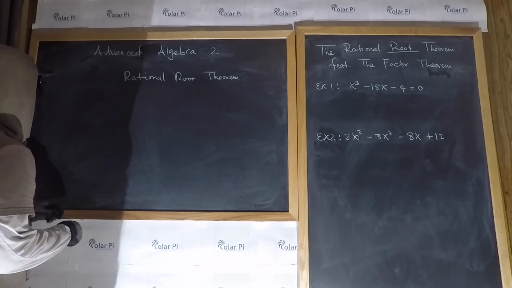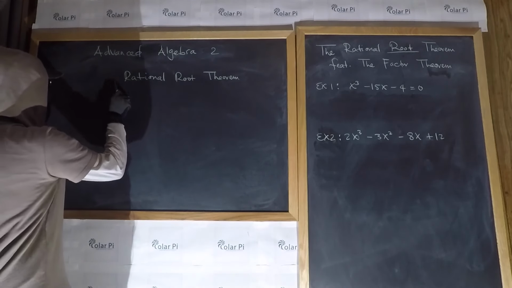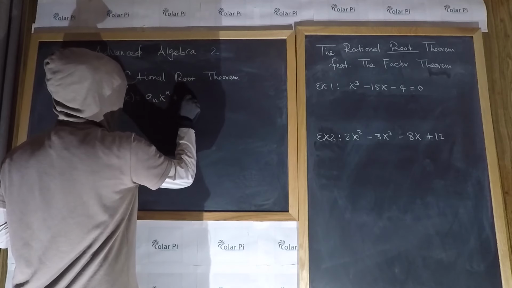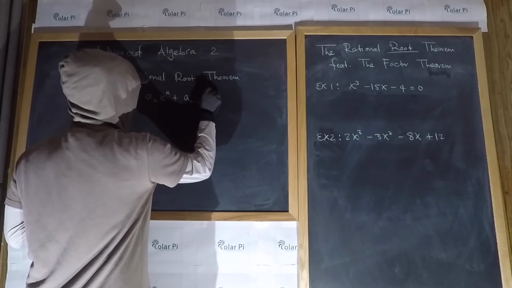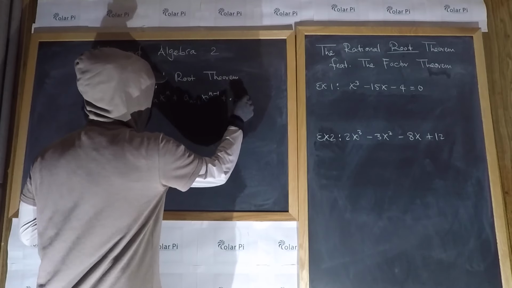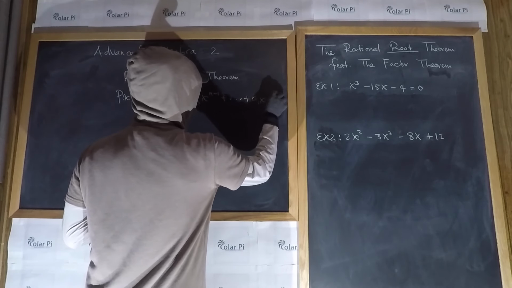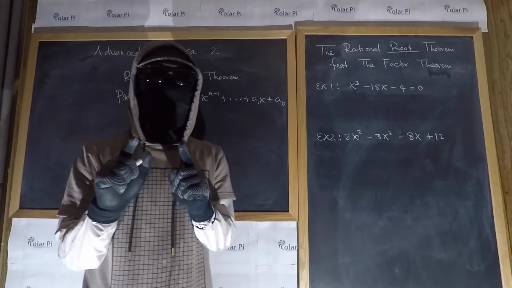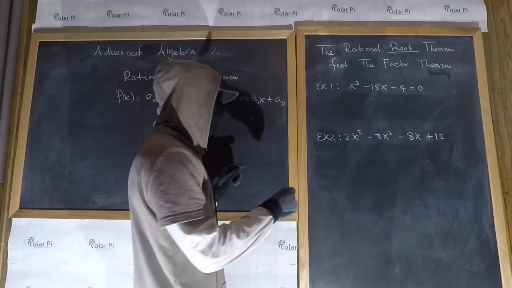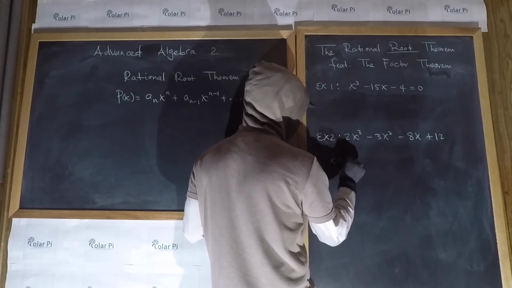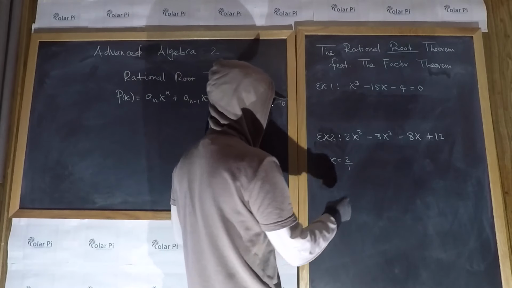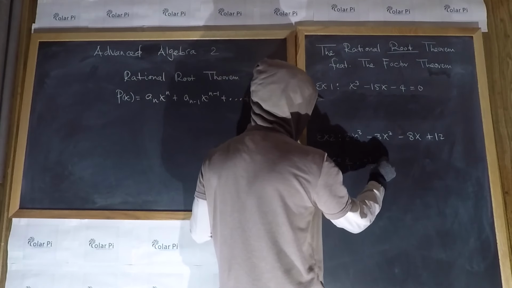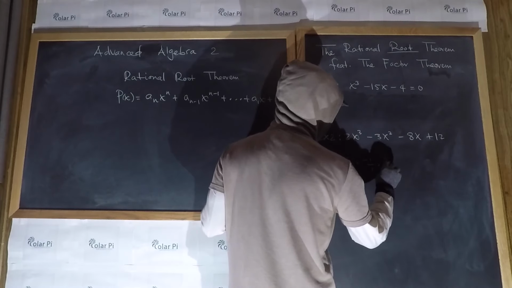It says that if some polynomial p of x, which we can write in general as a sub n x to the n plus and so on down to a sub 0, has rational roots or rational zeros, meaning its zeros are going to look like x equals 2 or 2 over 1, because that's a rational number, or negative 1 over 1, which is negative 1, or more clearly 2 over 3.